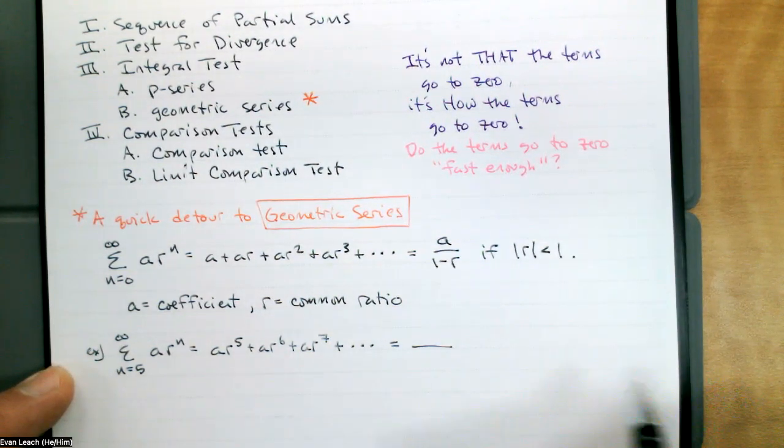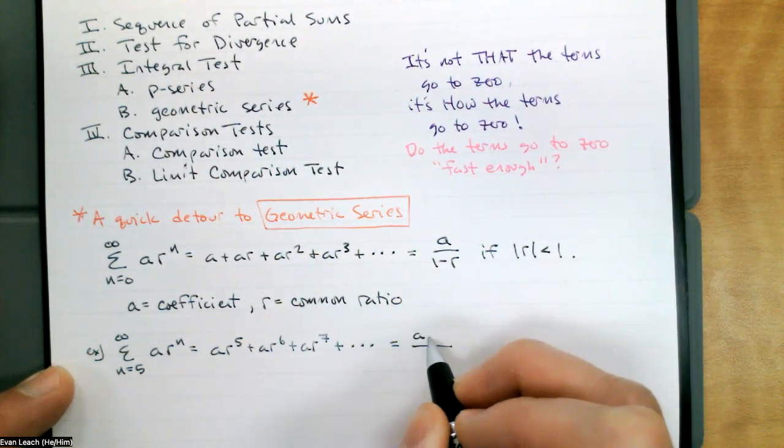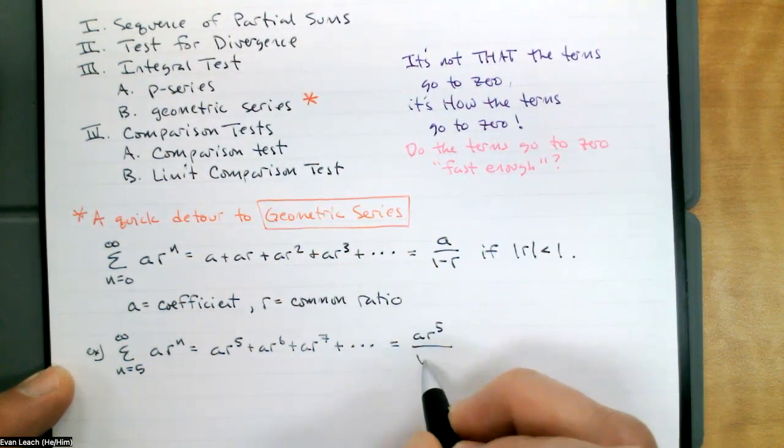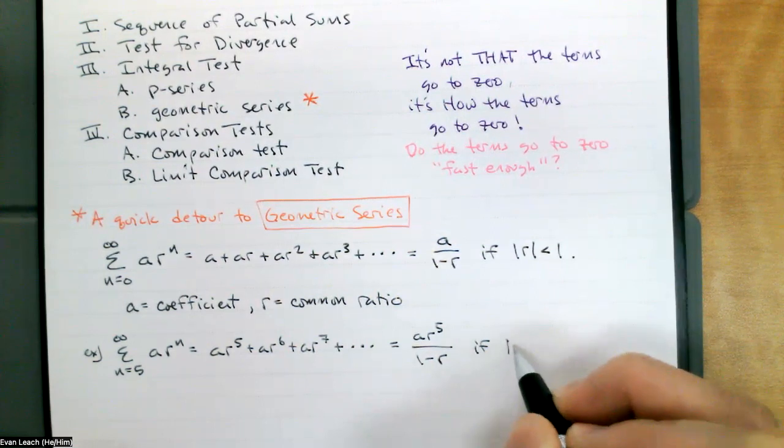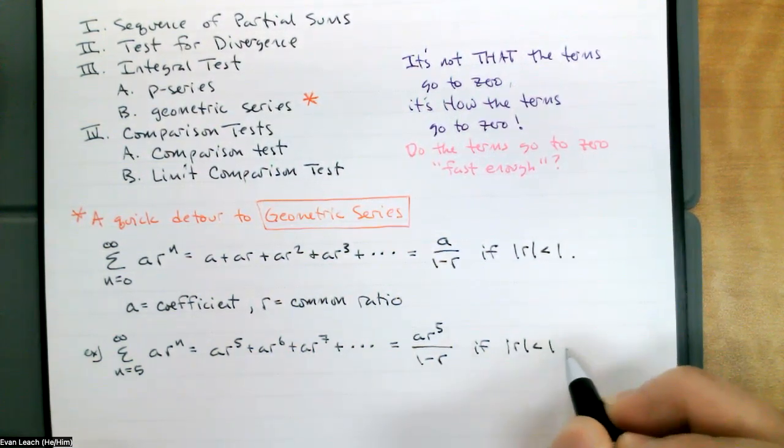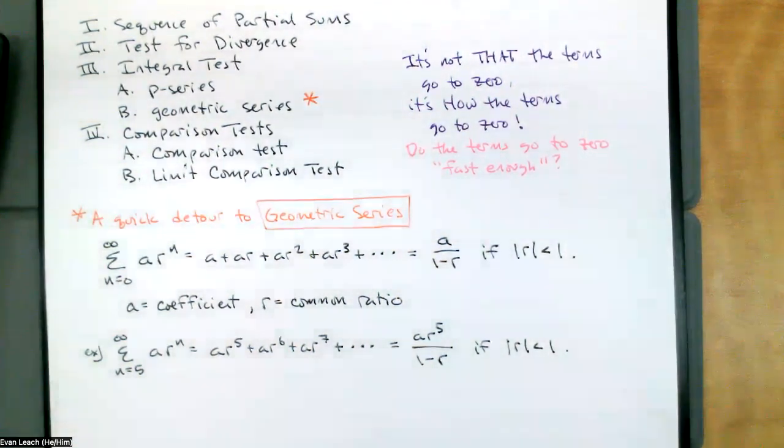And so in the sum, the numerator would be ar to the 5th over 1 minus the common ratio. I didn't specify an r yet again, so this is if the common ratio is less than 1 in absolute value. So the numerator in our formula for the sum of the geometric series is the first term.